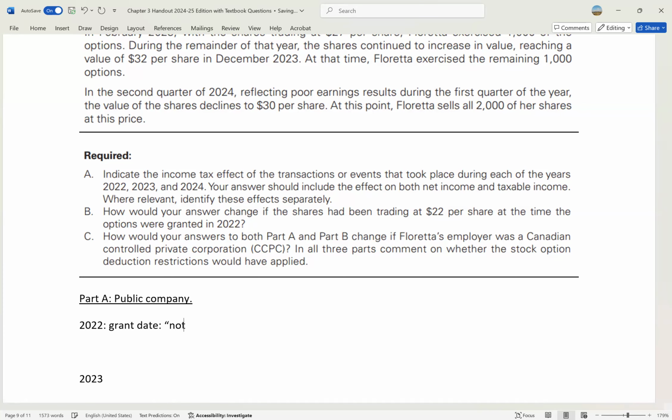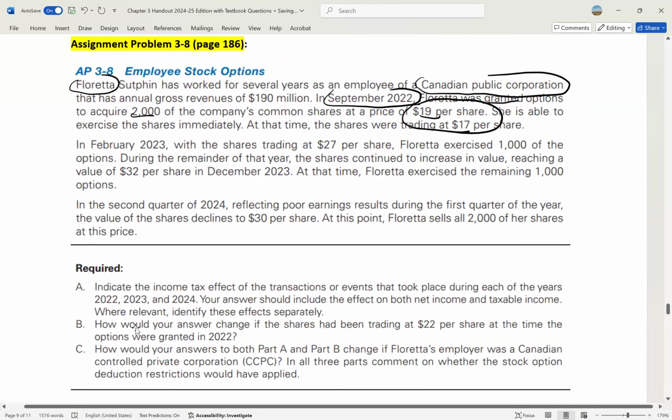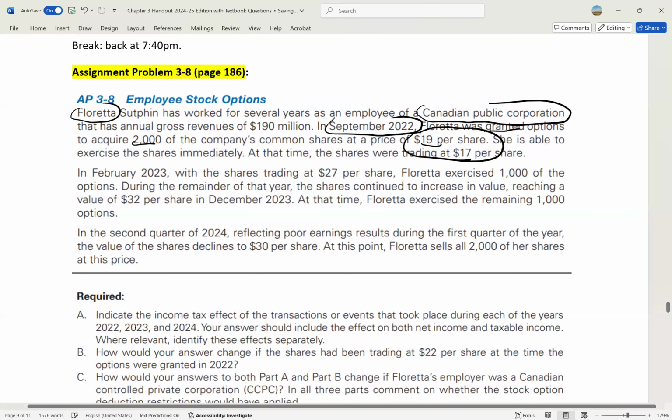And this one was not in the money, because she'd be better off buying the shares on the stock market for $17 rather than exercising the stock option for $19. That's generally the situation: options will usually be granted not in the money. So that's on the grant date.